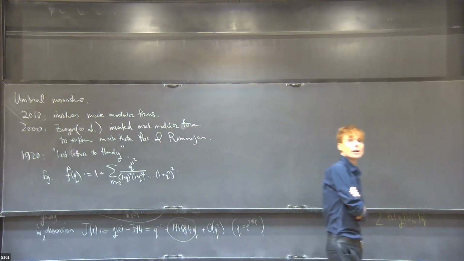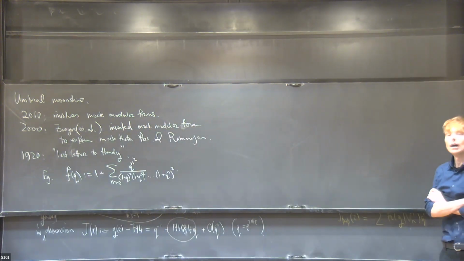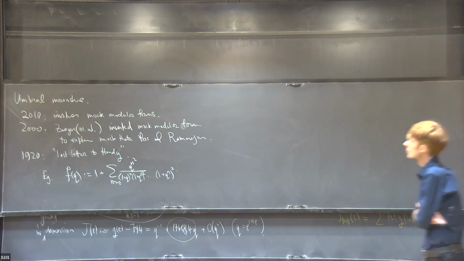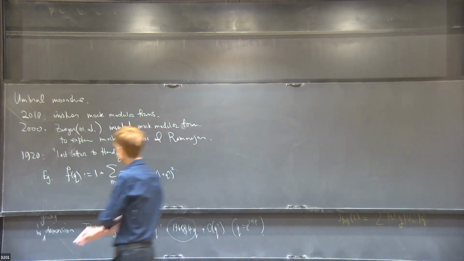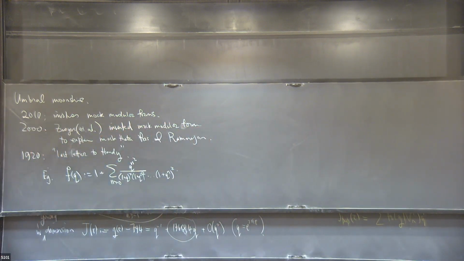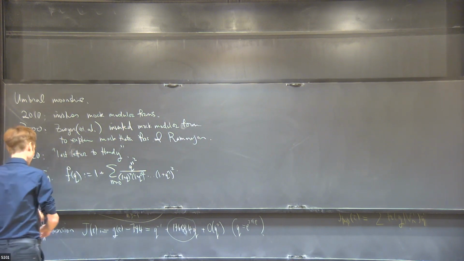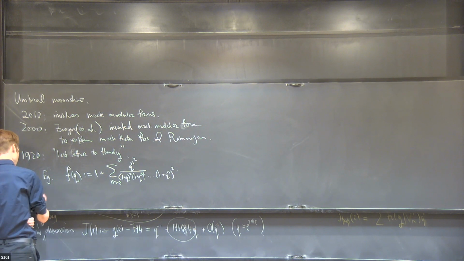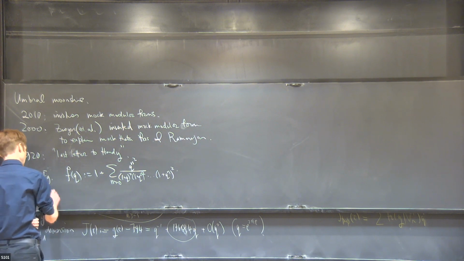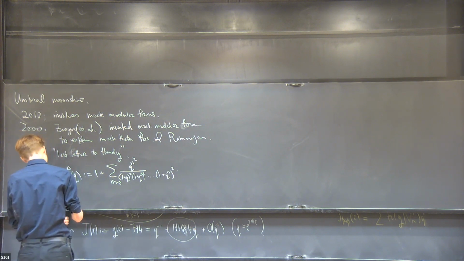So I decided that I would go ahead and try and motivate the notion of Mock modular form in a concrete way. So I'm going to say this is modular, but in a twisted sense.